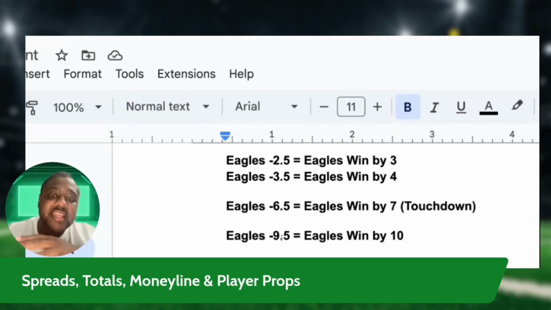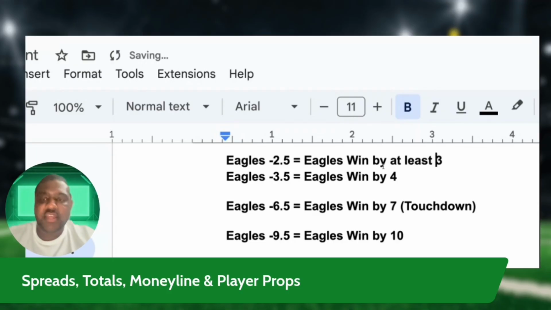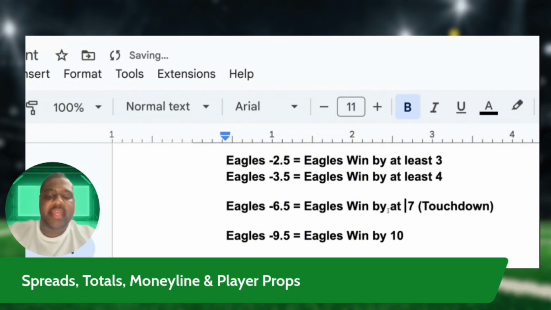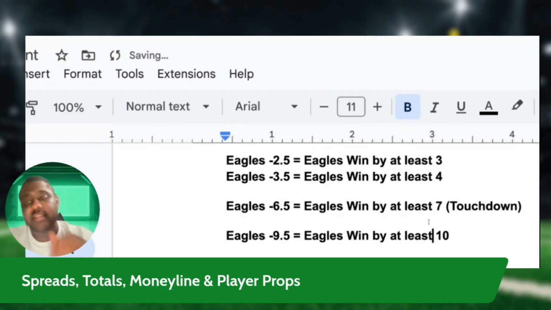If you bet Eagles minus 9.5, that means the Eagles must win by at least 10. Matter of fact, let me add that word: at least 3, at least 4, at least 7, at least 10. So that just gives you an idea right there of how spreads work. If you're taking Eagles minus 6.5, they have to win by at least 7.